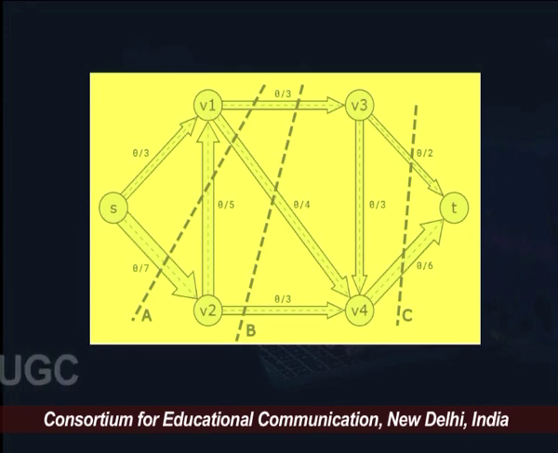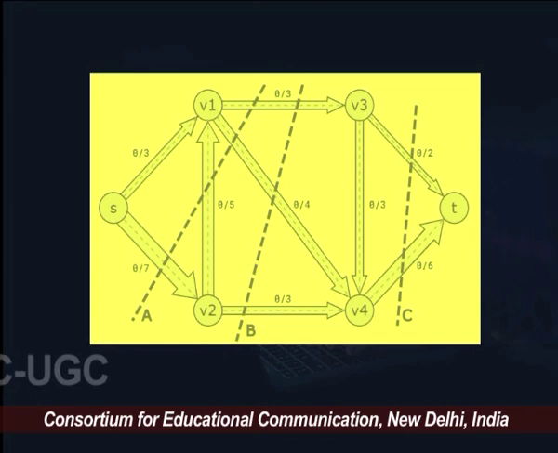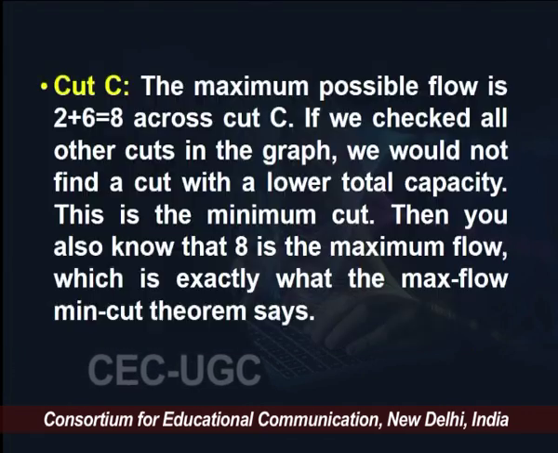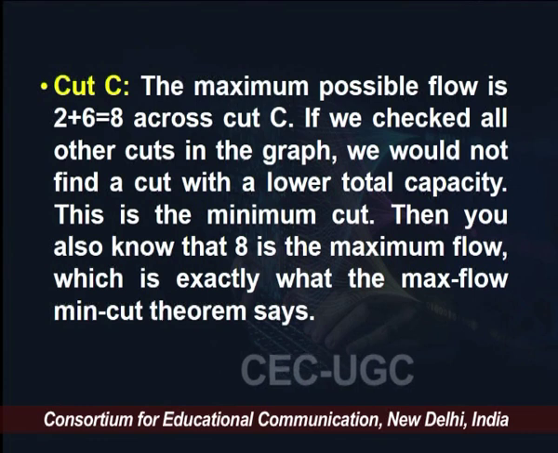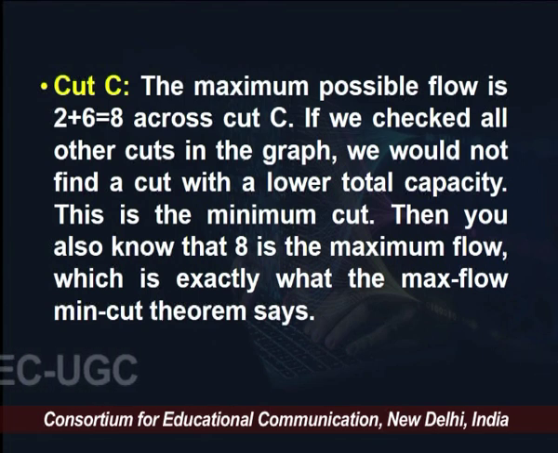So, 3 plus 4 plus 3 equals 10, that is the maximum capacity along this cut B. And if we talk about the cut C, the maximum possible flow across this cut C is 2 plus 6, which is nothing but 8.